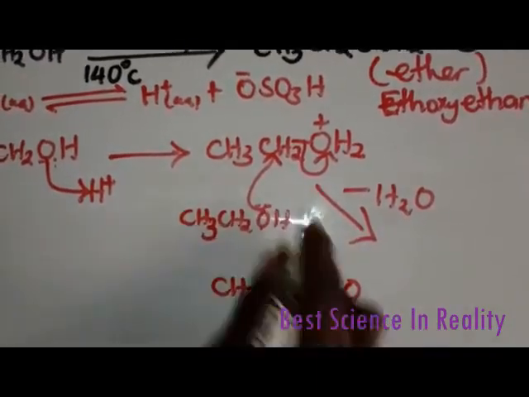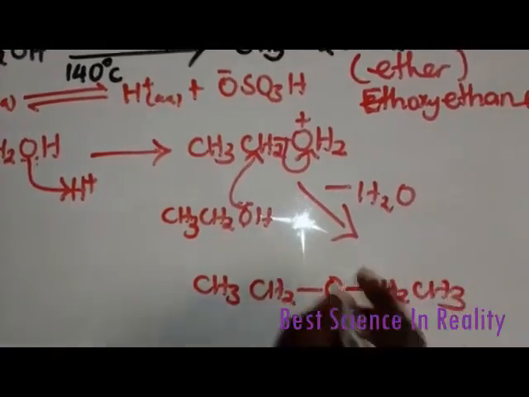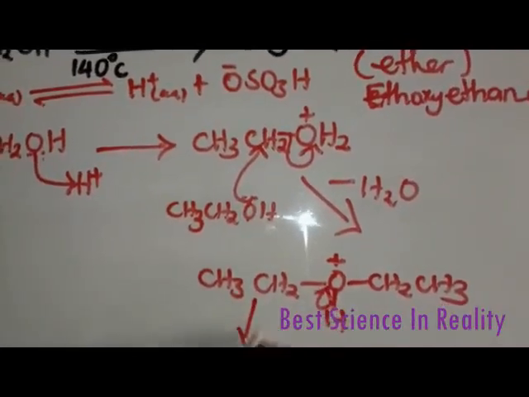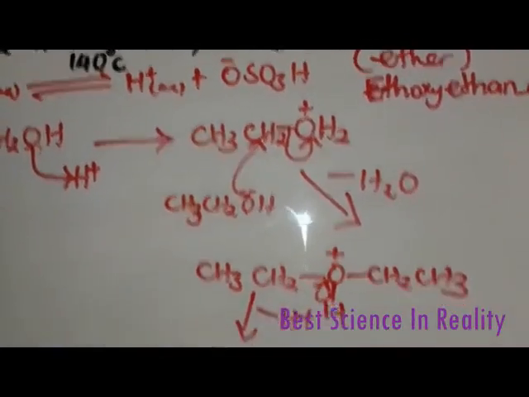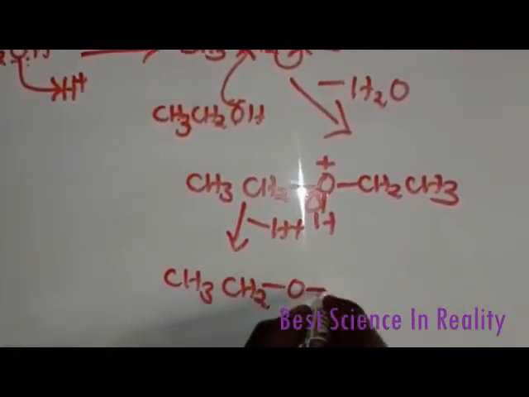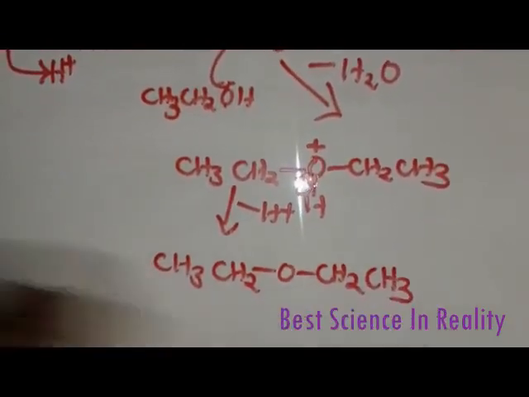I'm displacing this hydrogen, and CH2, and CH3, and this is going to be plus. So we shall have minus a proton. One proton is going to go off, CH3, CH2, and they have formed our ether. Remember, this is not an ester, it is an ether.